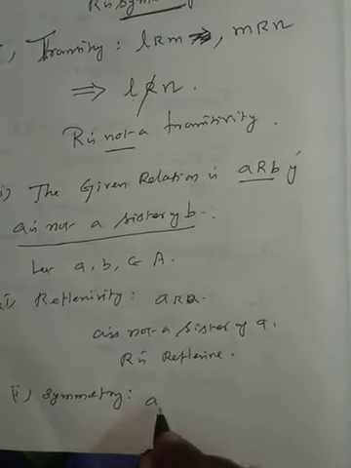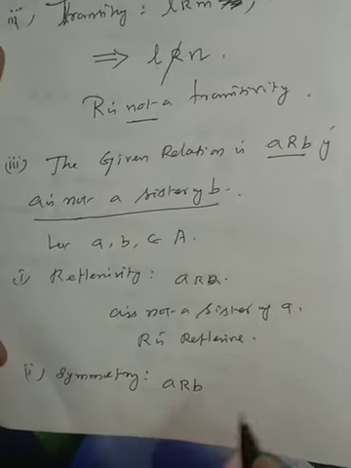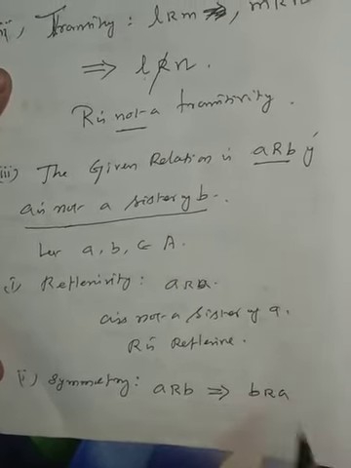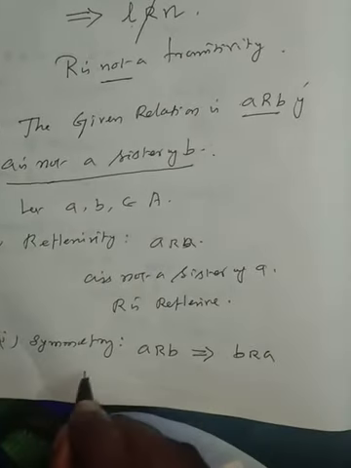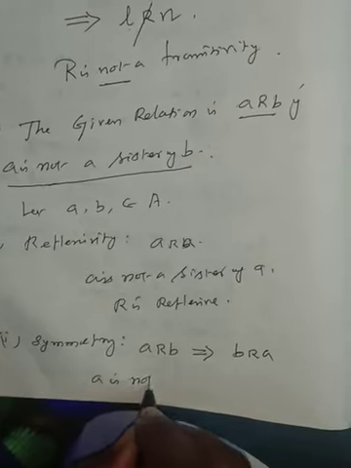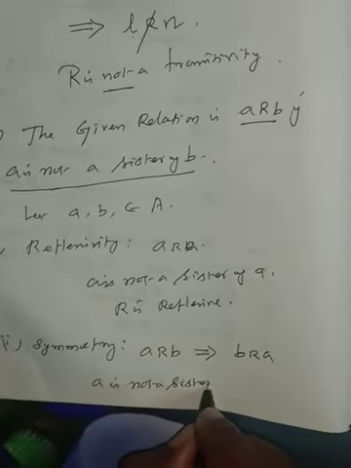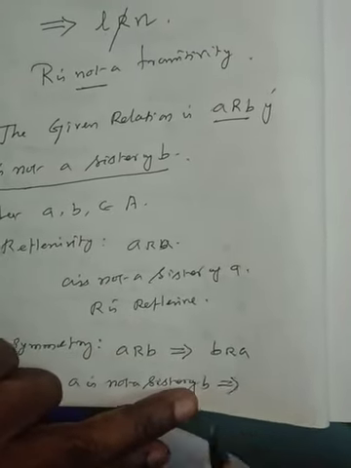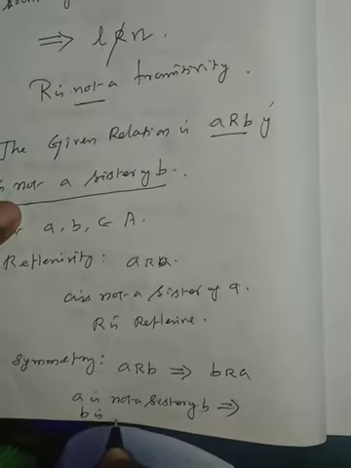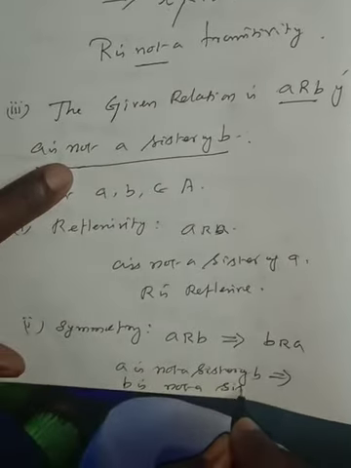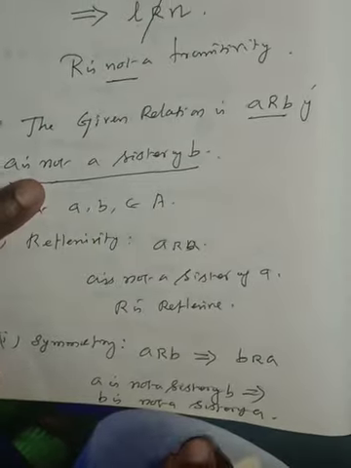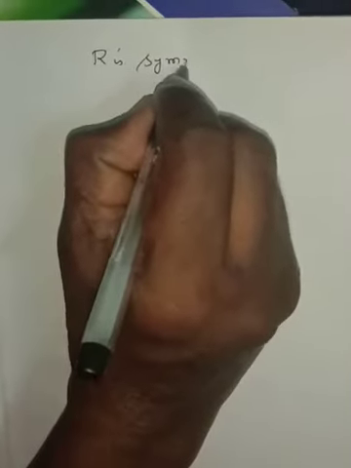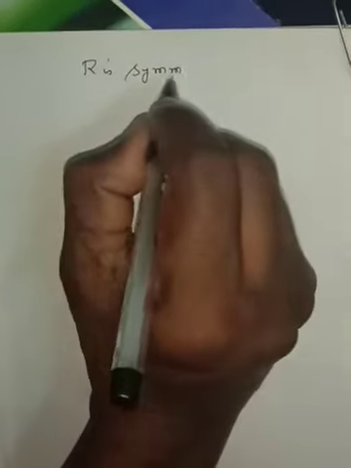A relation B implies B relation A. A is not a sister of B. A is not a sister of B implies B is not a sister of A. Yes, B is not a sister of A. Therefore, symmetricity is okay. R is symmetric.